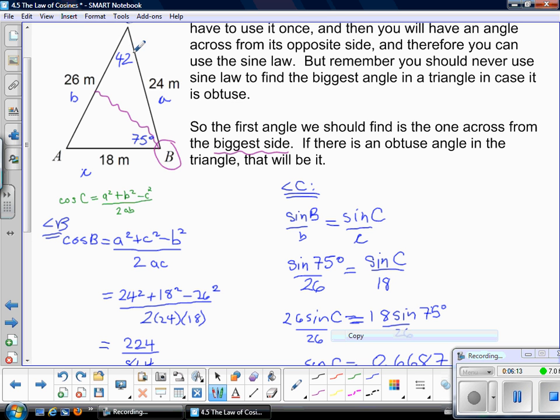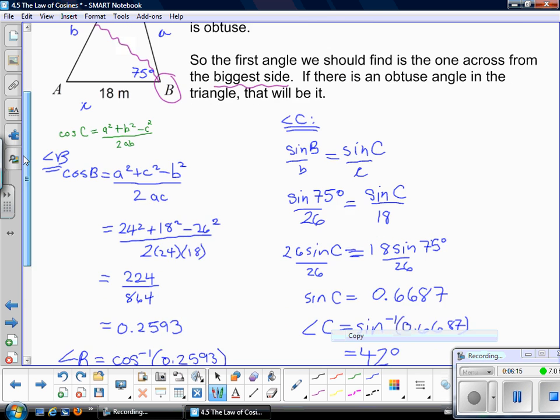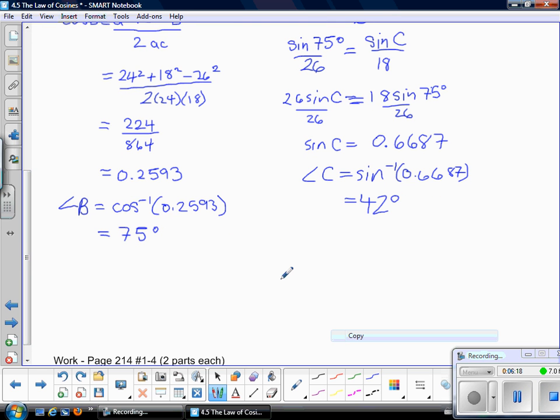And so I need to find angle A. And for angle A, I do not need to use sine law or cosine law or SOHCAHTOA in order to find angle A. The way we're going to find it is angle A equals 180 subtract our 75 and our 42 for a grand total of 63 degrees. Okay, so now we were given all 3 sides, and we now have found all 3 angles.